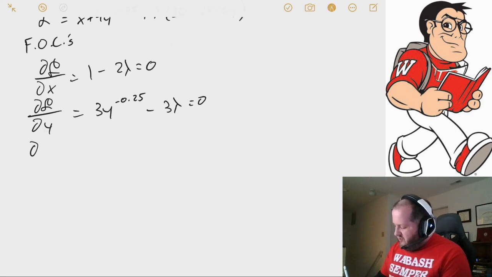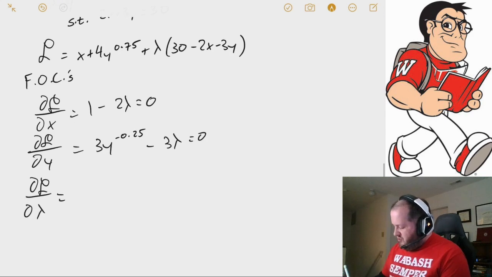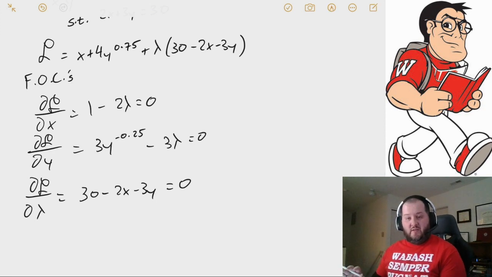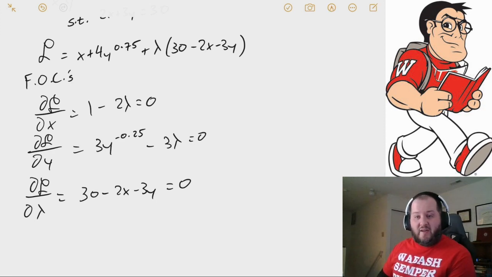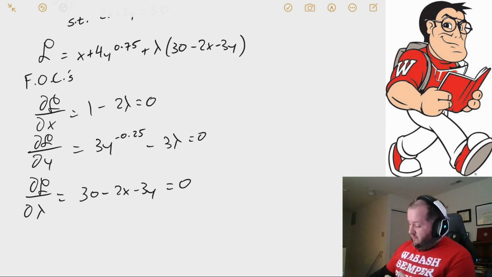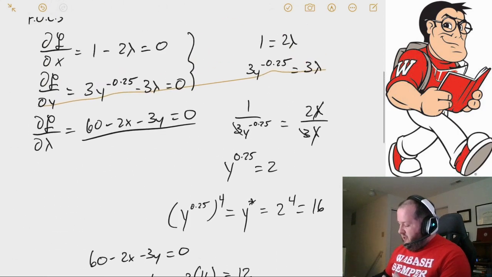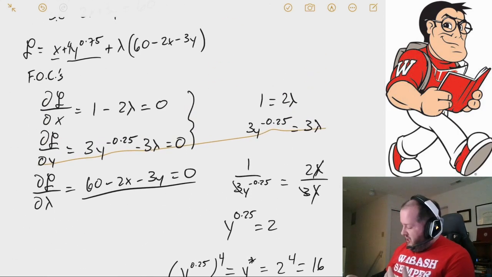And lastly, of course, the derivative of our Lagrangian with respect to our Lagrange multiplier is still just our constraint, set equal to 0. So notice when we compare these first order conditions to our previous set of first order conditions, these first two are actually identical. Nothing at all has changed about them.